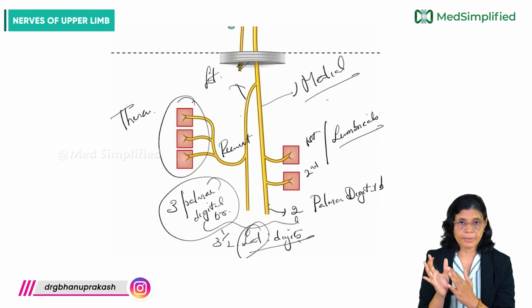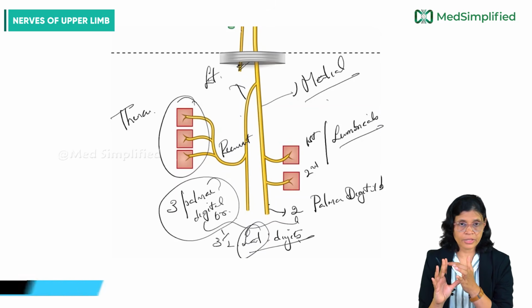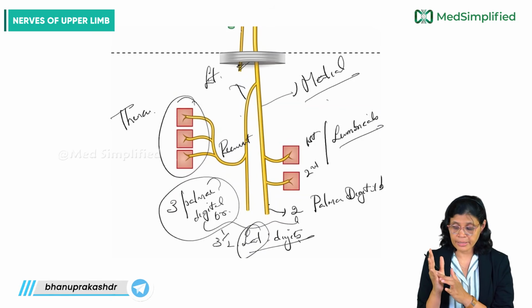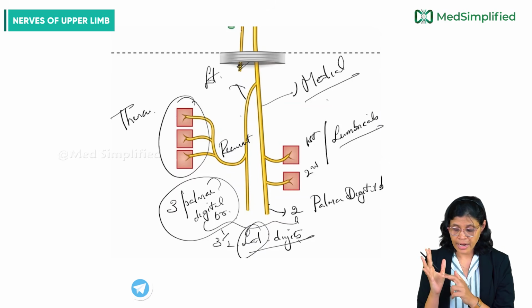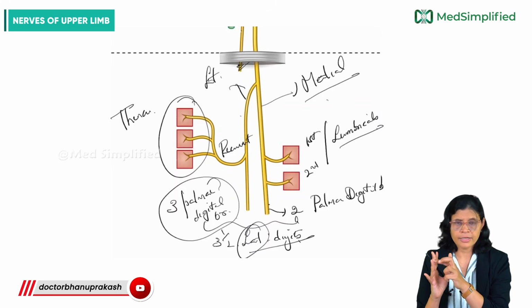Since it gives 3, 2 will supply the adjacent sides of the thumb, and 1 along the lateral aspect of the index finger. Then we have the medial division, which will give 2 muscular branches to the first and second lumbricals, and 2 palmar digital branches supplying the adjacent parts of the middle finger as well as the index finger.